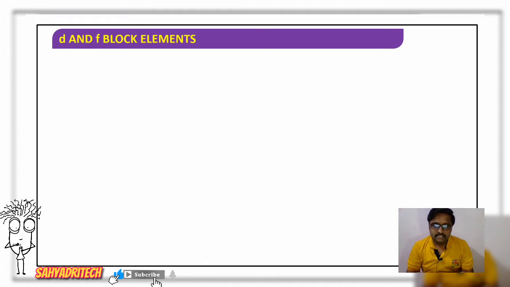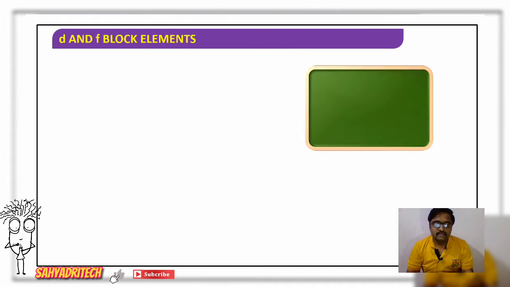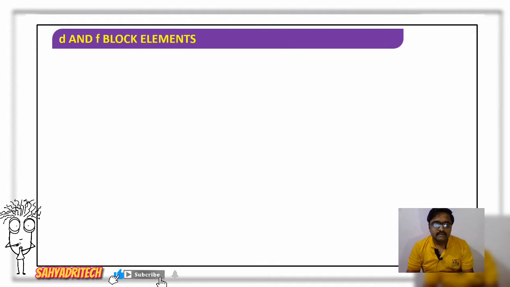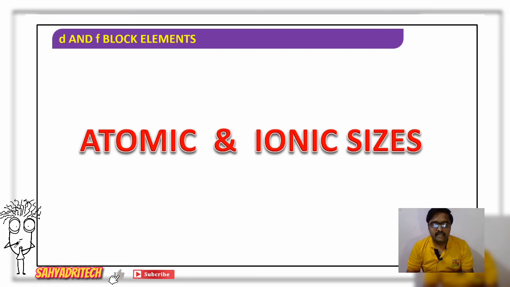Well, now in this session we are going to move on to one concept of f block elements, that is atomic and ionic sizes. Okay, atomic and ionic radii of those f block elements.